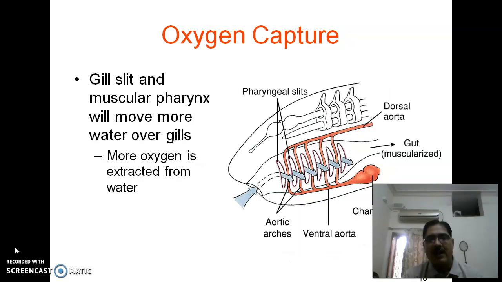The oxygen carrying capacity of the chordate depends upon the bag-like pharynx which has several openings, and these openings are known as gill slits, or we call them pharyngeal gill slits. The muscular pharynx will move water over the gills, and this gill is richly vascularized and capable of extracting oxygen from the water.